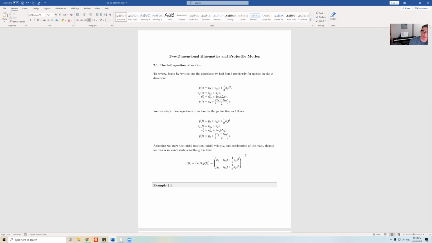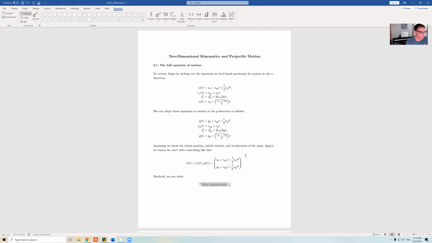Similarly, we can do the same thing here, but now we're going to talk about the velocity of the mass. What we will have is the x component of velocity in the first position of this ordered pair, and the y component of velocity in the second position here.